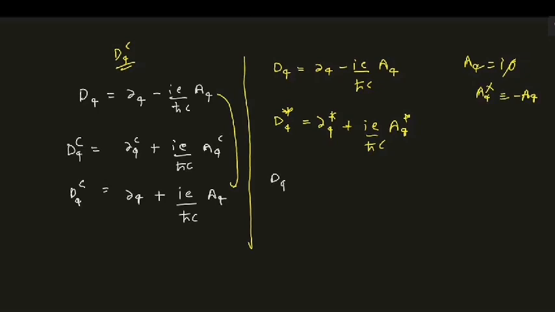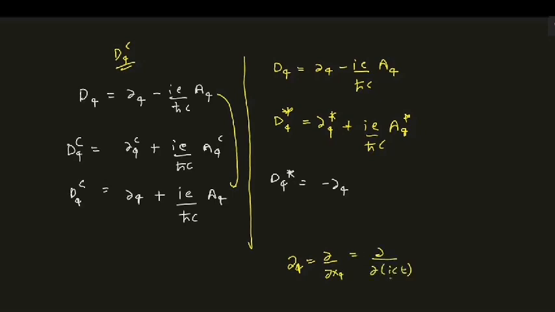So D4 star, if you calculate it, you will get ∂4 star will be minus ∂4. Let me show you how. Let me write it here. Basically, let me use a different color. Basically, ∂4 is equal to ∂/∂x4. Fine. So ∂x4 means ∂(ict). Now what happens when you complex conjugate it?